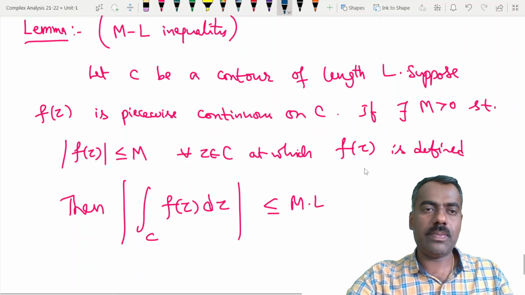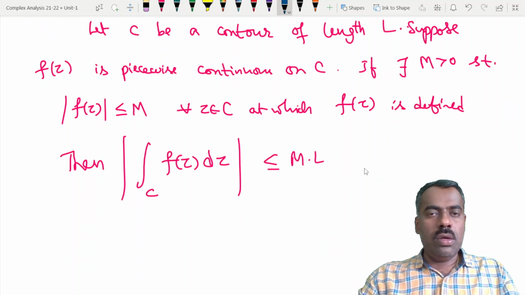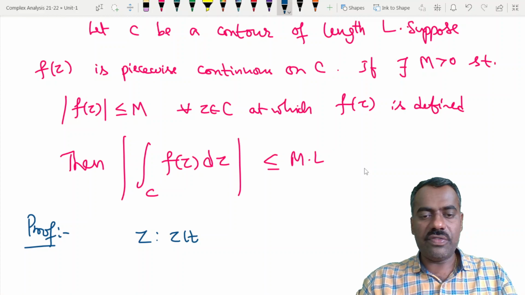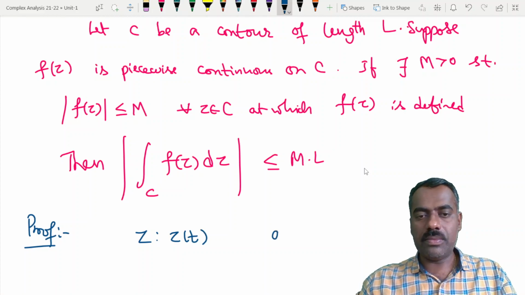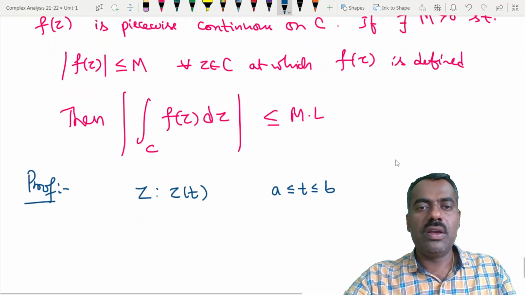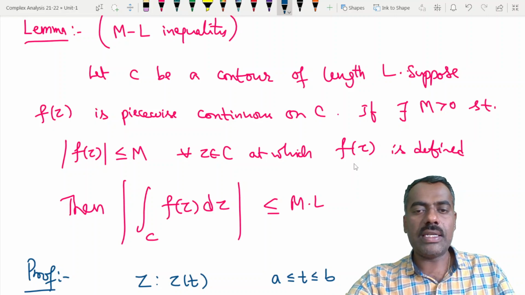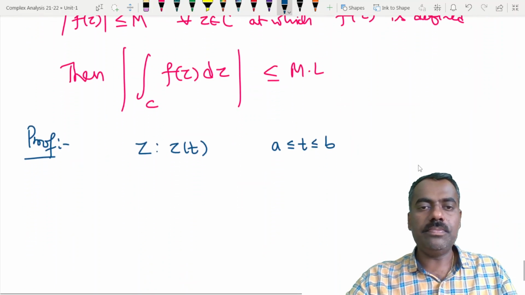Okay, fine. So the proof is not a difficult one, because our curve is z of t, where t is from a less than or equal to t less than or equal to b.